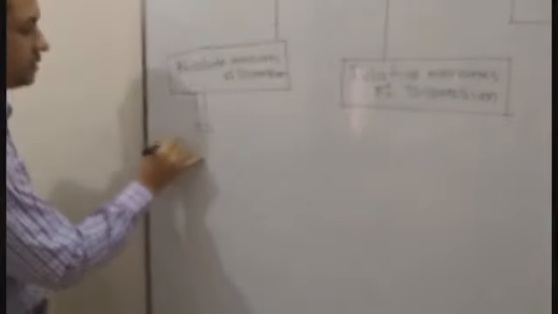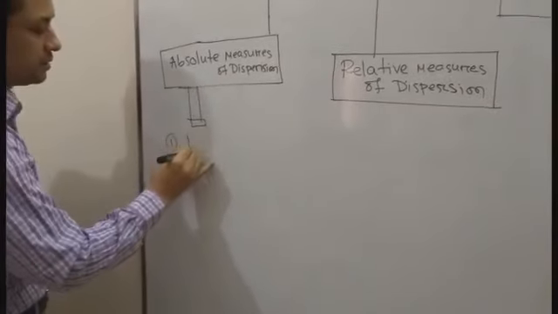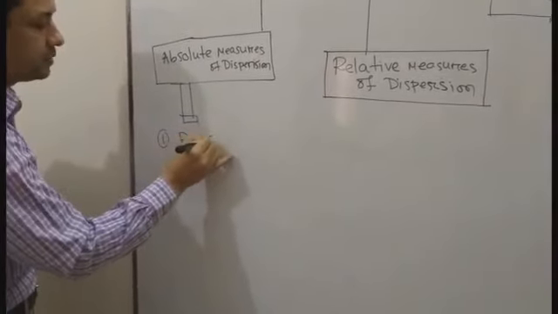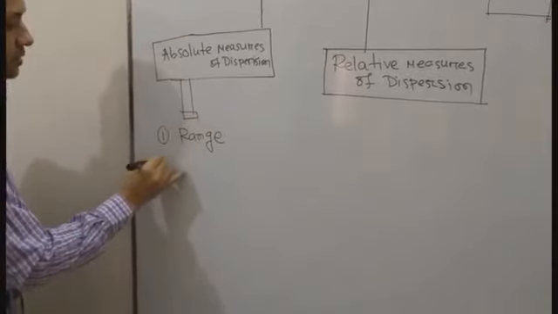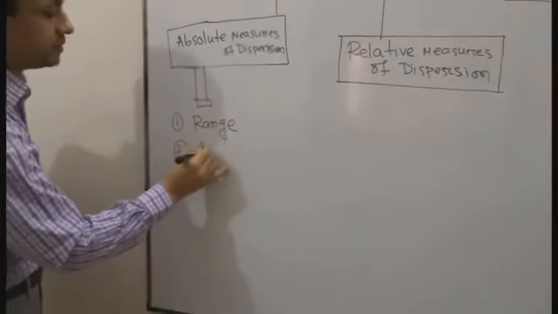Number one, range. Number two, mean deviation.